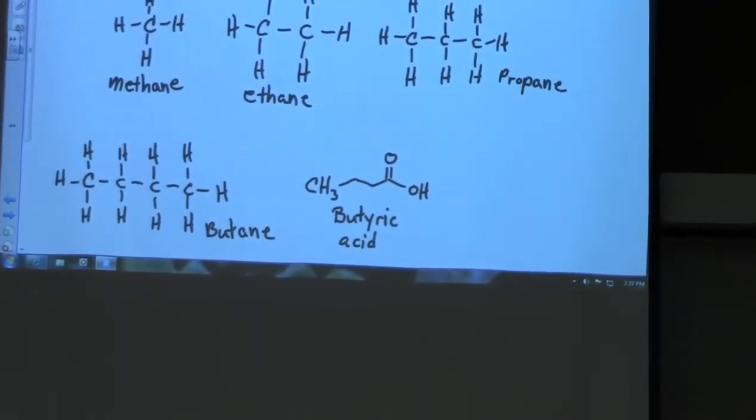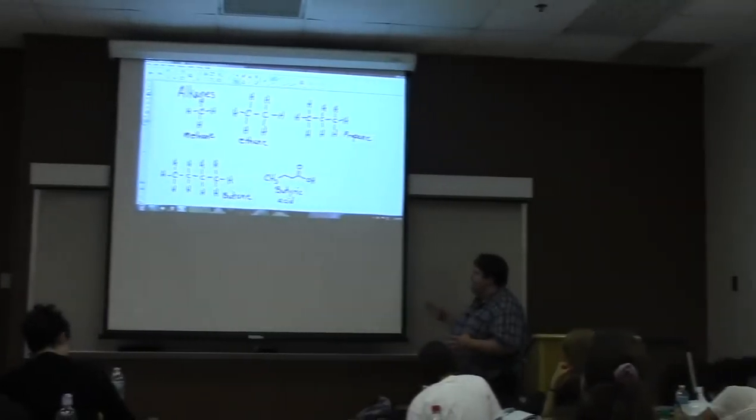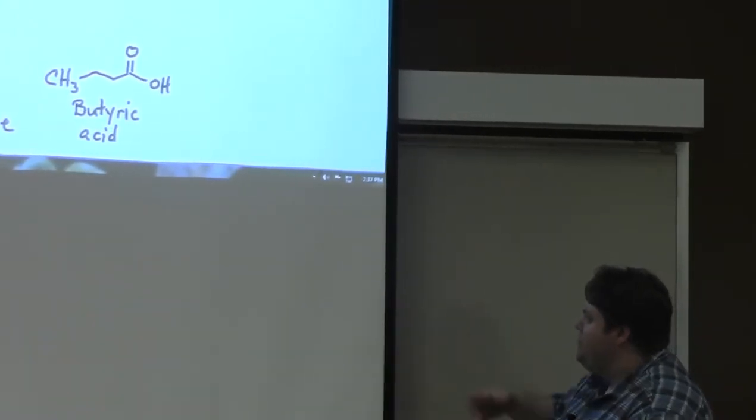Okay. Butyric acid also has 4 carbons, so, okay, that makes sense. We have an alkane with 4 carbons. We can kind of name it after that butyric acid.